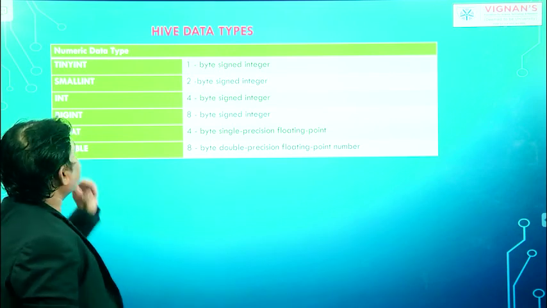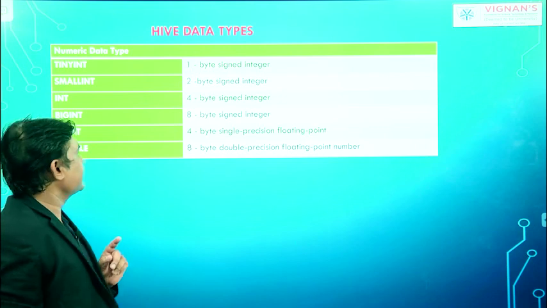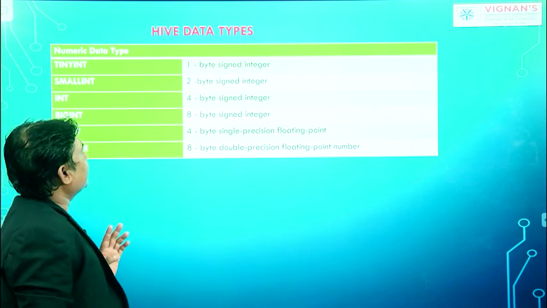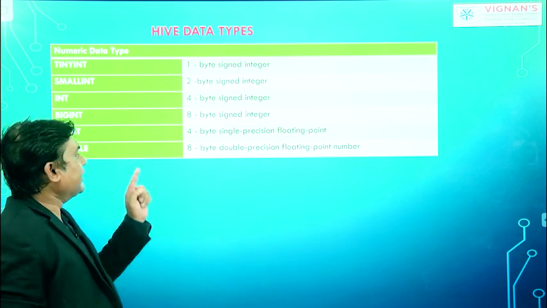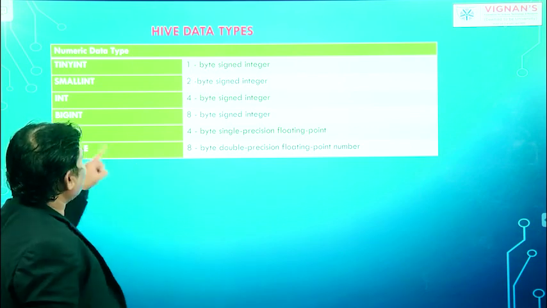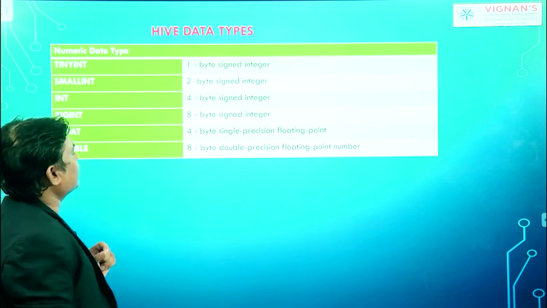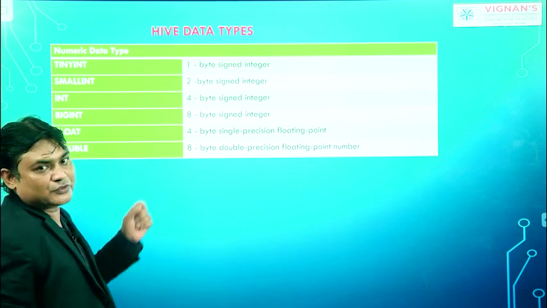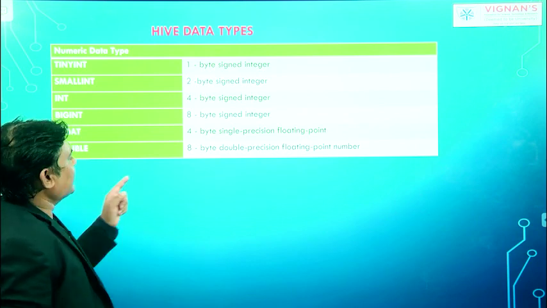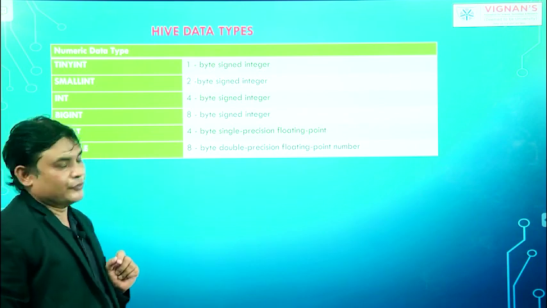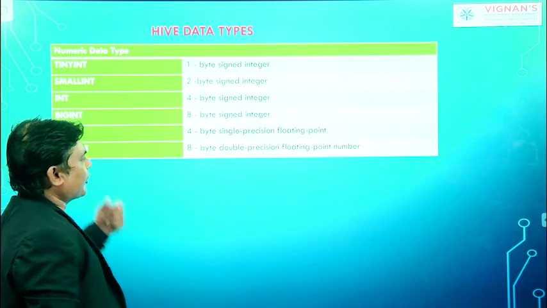Then smallint, which can store 2-byte integers. Then integer, which has 4 bytes. Then bigint, which can store 8 bytes. We have float, a 4-byte single precision floating point, so you can store decimal numbers using float. Then we have double, an 8-byte double precision floating point.